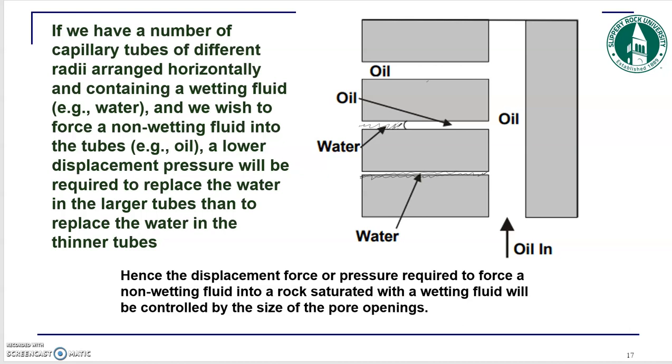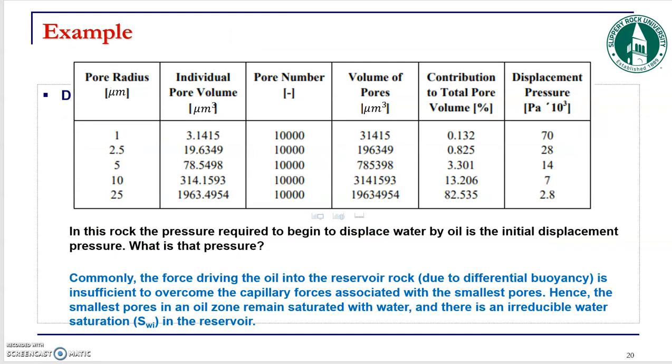What is the initial displacement pressure? See the difference here compared to what we discussed previously, which was displacement pressure. Here it says initial displacement pressure, and what it means is the initial pressure at which you can displace the water from the core sample.